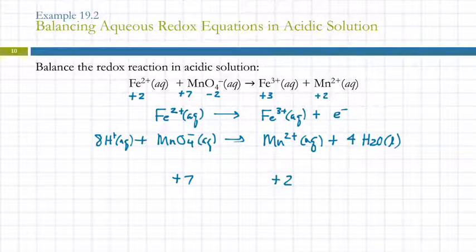So I'm going to add electrons to this left side to bring it down to +2. How many do I need? 5. So 5 negatives and 8 positives. That's +3. And then a -1 +2. So overall +2 on this side, overall +2 on that side. Questions?